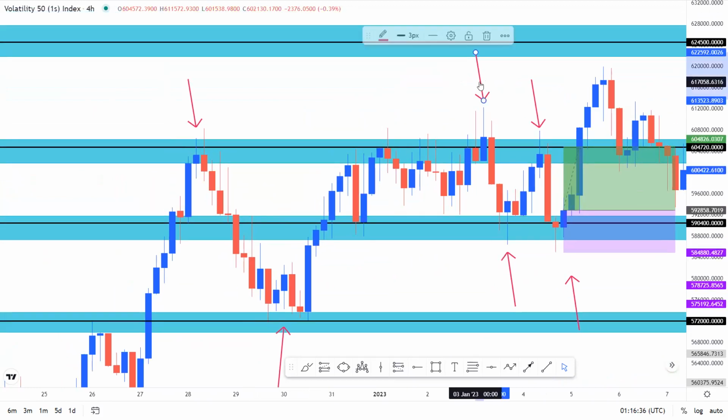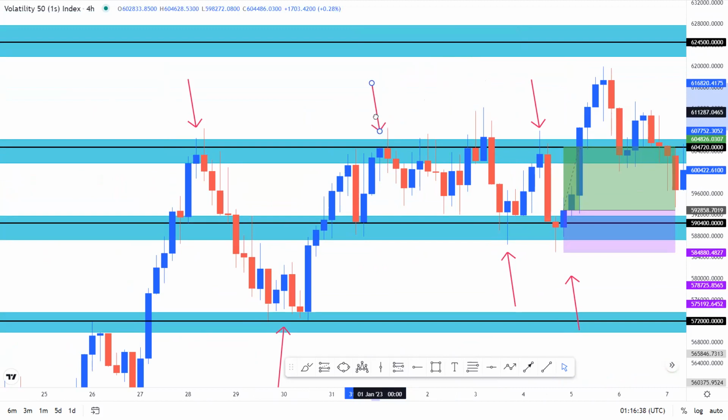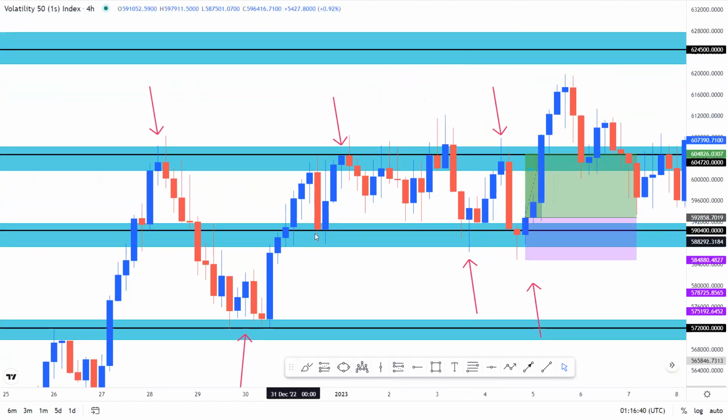So right about this level, you can clearly see we have price coming to this key level and then a rejection candlestick, a rejection from the upside, telling us sellers are very much dominant at this level, and they are refusing the buyers from taking price past this level. So we had a nice rejection.